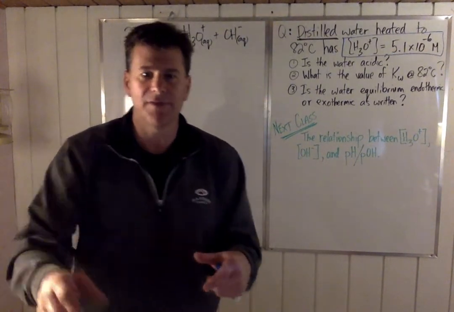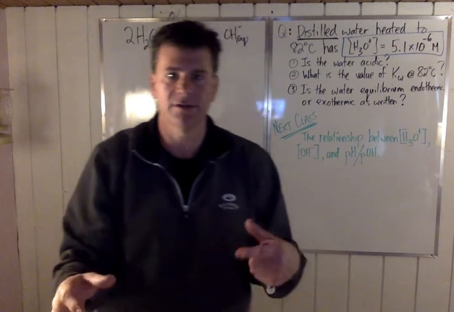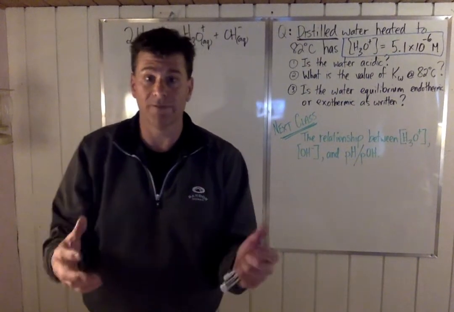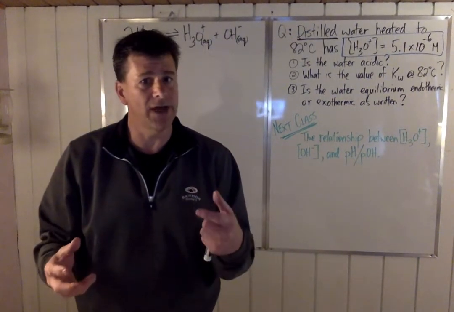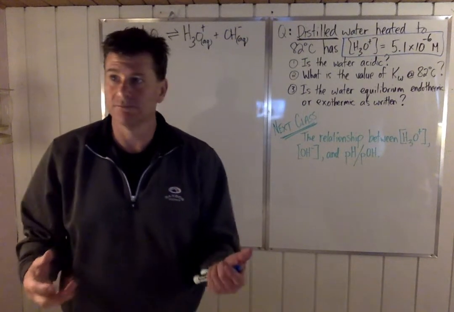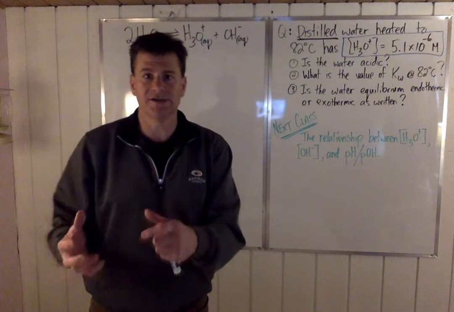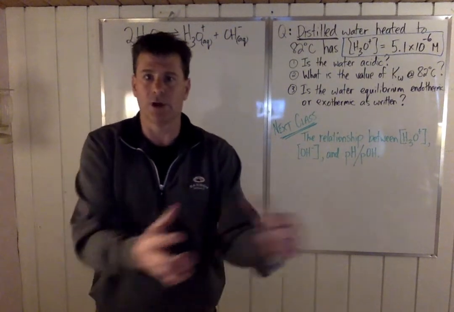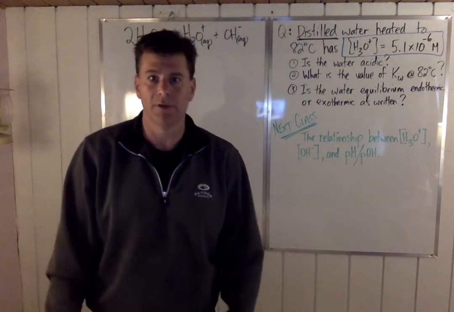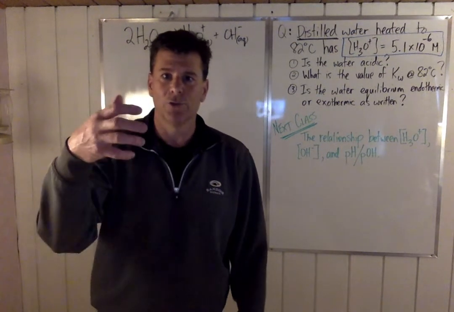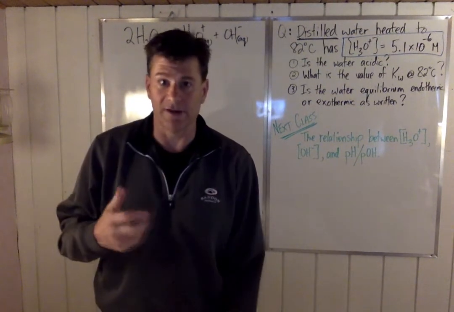If you consider that the starting point of everything, and then you go from there, and you say to yourself, okay, so 82 degrees is higher than 25 degrees. Therefore, we heated the water. We took a beaker of distilled water, put it on a hot plate, heated it up, hit 82 degrees. We measured how much hydronium was in there.